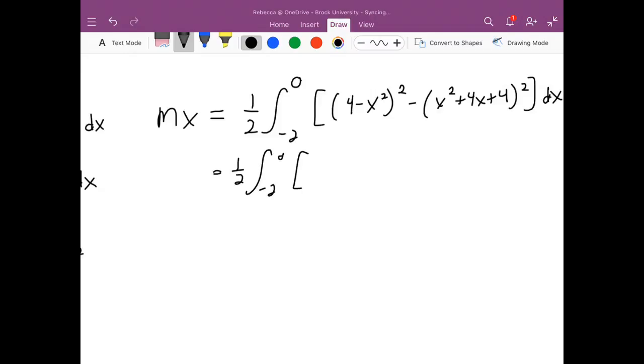so when I square this first term, I get 16 minus x squared plus x to the power 4.